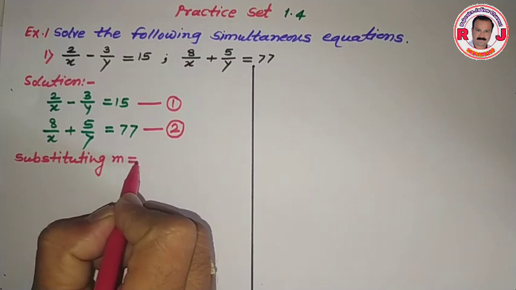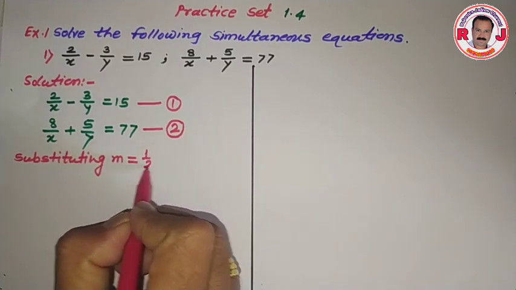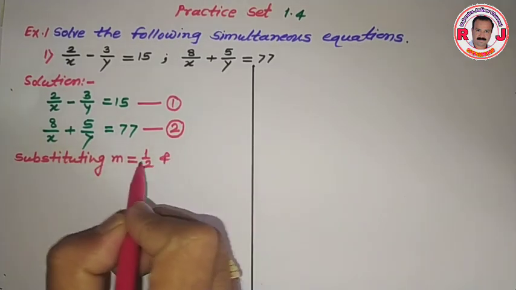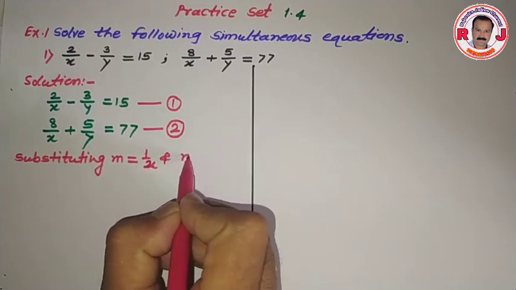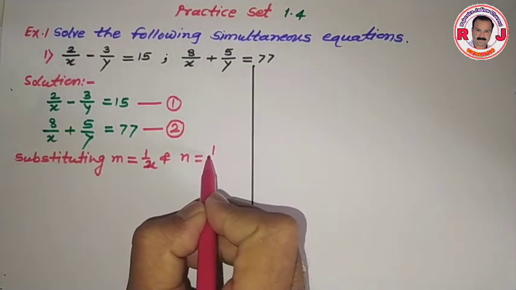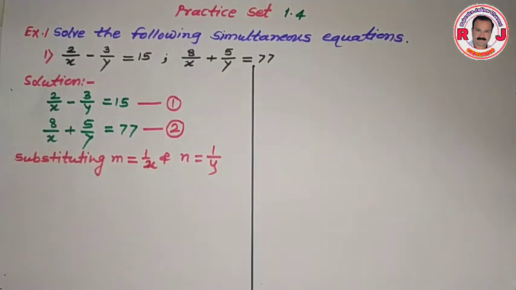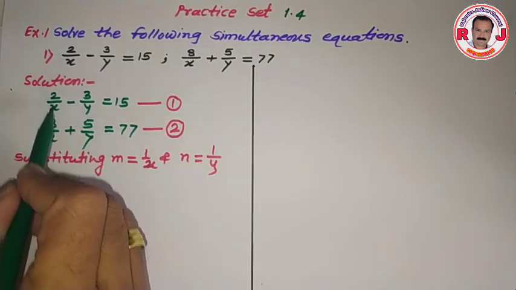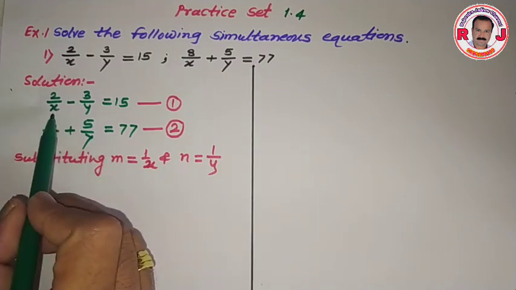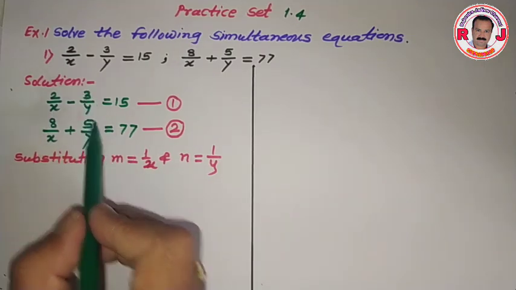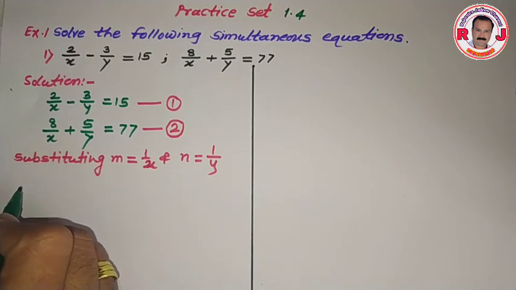m is equal to 1 upon x and n is equal to 1 upon y. Here the equation becomes 1 upon x is m. या ठिकाणी 1 छेद x बरोबर m आणि 1 छेद y बरोबर n मानलेलं आहे.